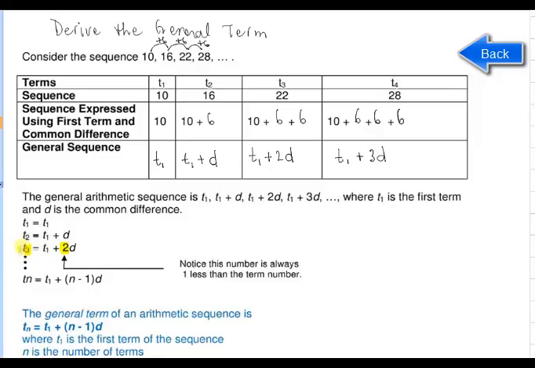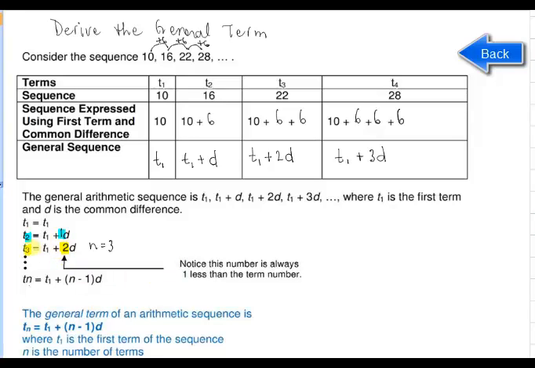So the term number for T3 is 3, which means we know that n is equal to 3. That's even true for T2 equals T1 plus D. It's understood that this coefficient in front of D is 1, and if you take a look at it, it's 1 less than the term number. My term number is 2, and the coefficient in front of D is 1 less than that.